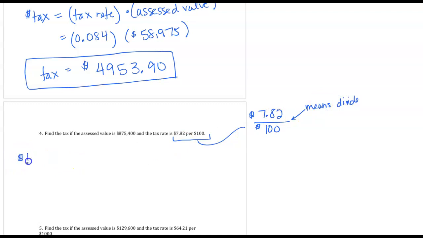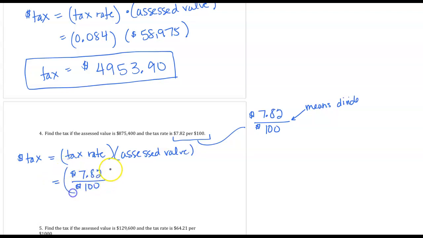So we're going to find our tax value by taking that tax rate times the assessed value. In this case, the tax rate was listed in a different way, $7.82 per $100. The assessed value was given as $875,400.